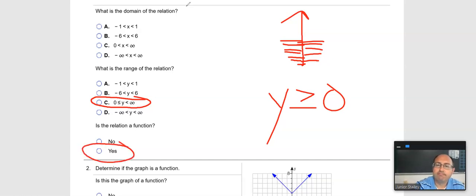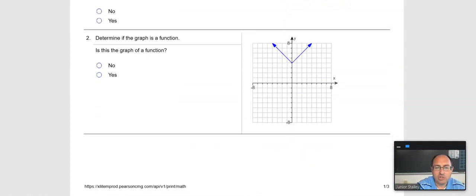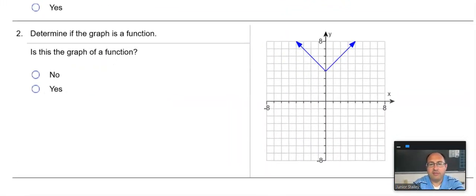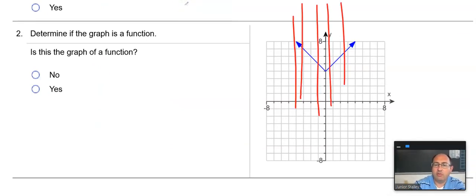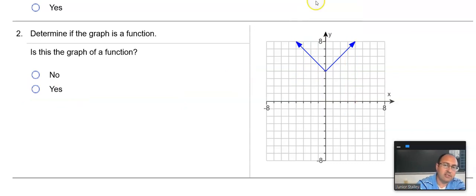I already had that discussion. Okay, question 2. Is this graph a function? We've got an absolute value function. We're going to do the same thing we did before, pass the vertical line through it. That's a definite yes, because you do not have a vertical line that is hitting the graph more than once.